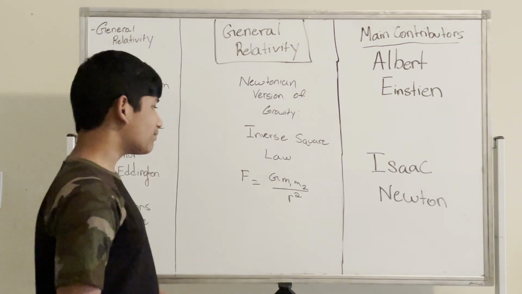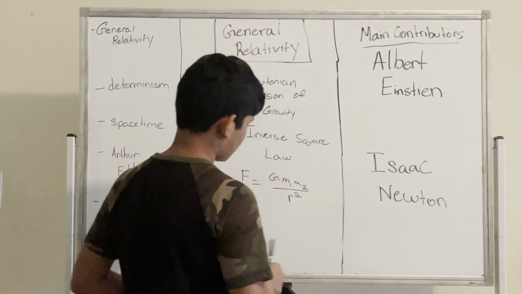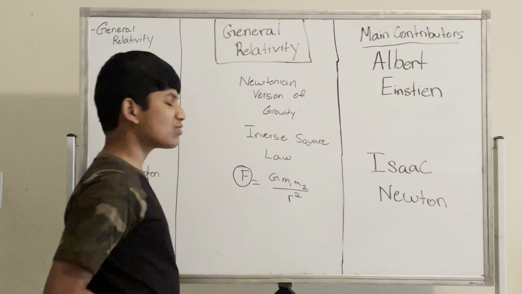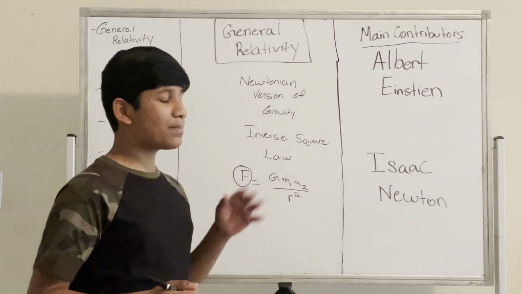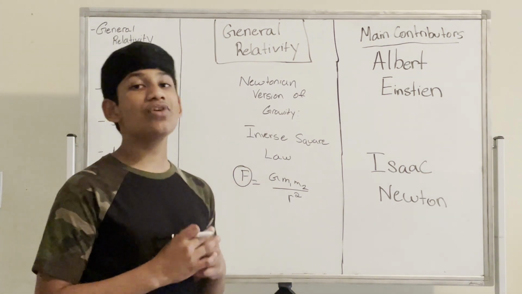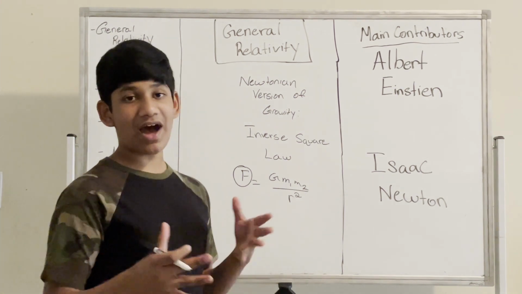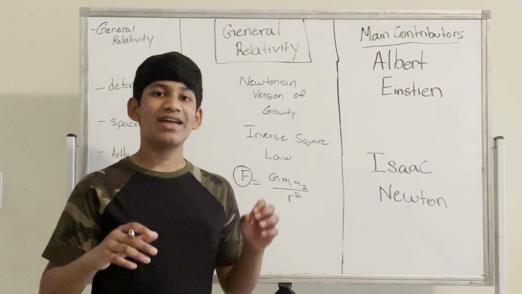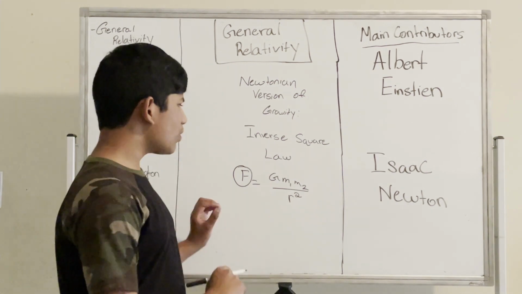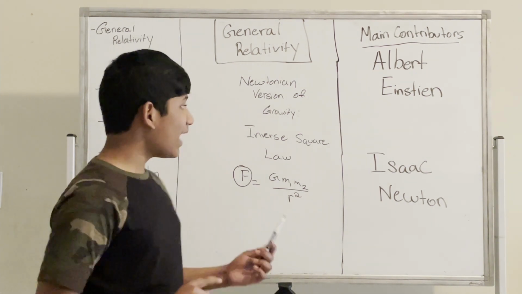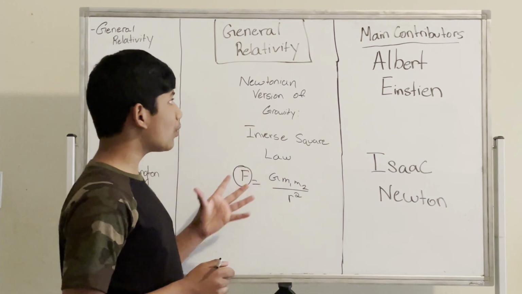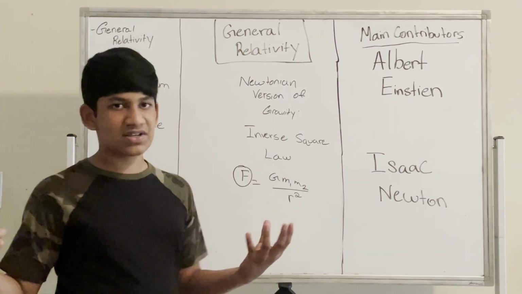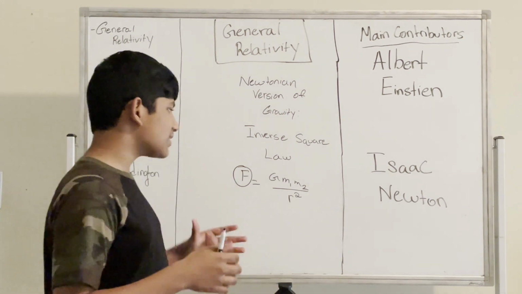Well, specifically Einstein saw that, why should we consider gravity as a force? Einstein didn't perceive gravity as a force. Instead, Einstein thought that gravity is just a curvature or a bend in the space-time continuum, which is very odd because right now we all learn in school the Newtonian version of gravity: that gravity is a force, and that two objects exert a specific force on each other, and so on and so forth.